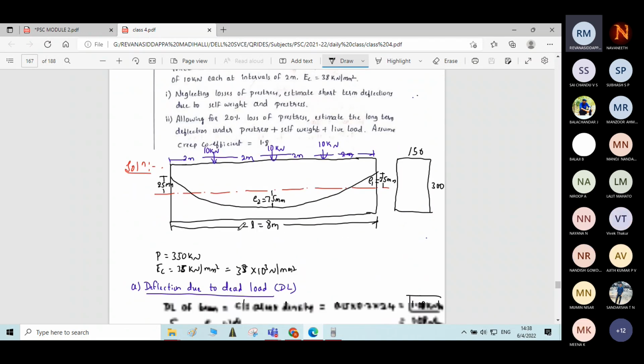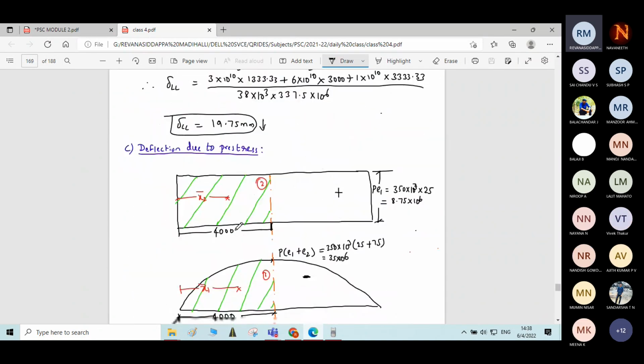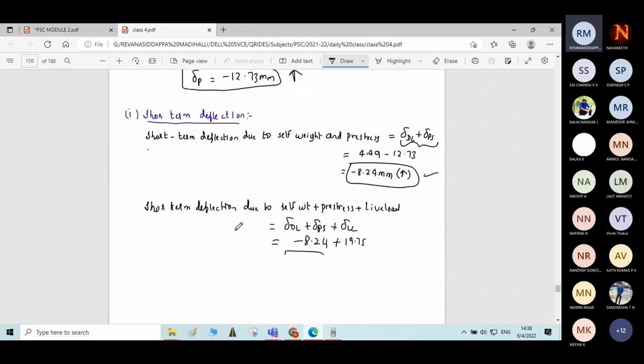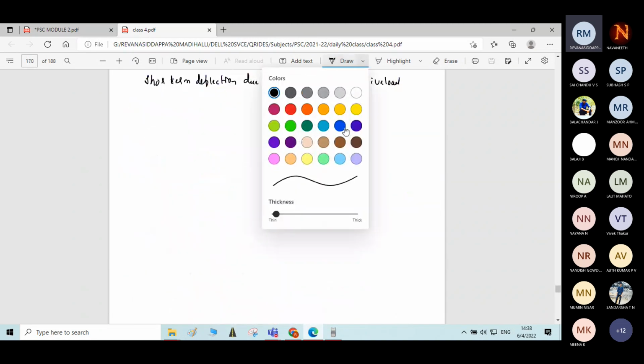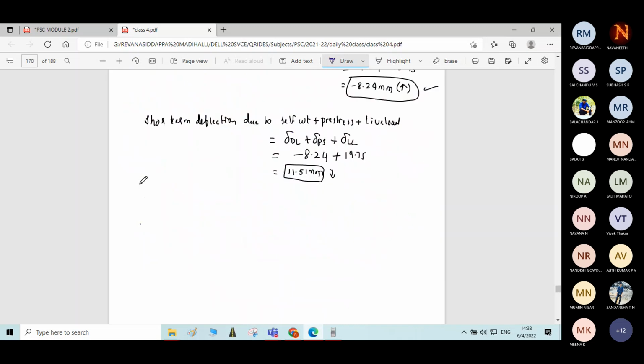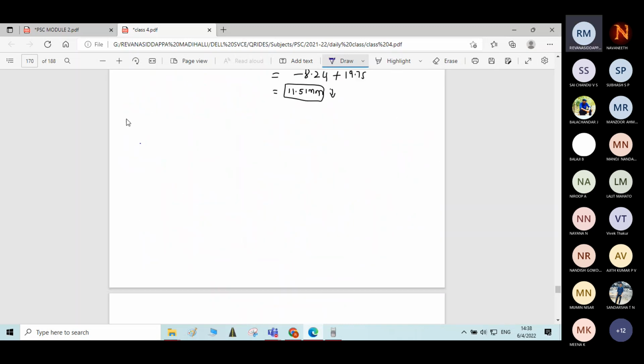Creep coefficient is given as 1.8. So we know the formula for calculating the long-term deflection. Second question, long-term deflection.